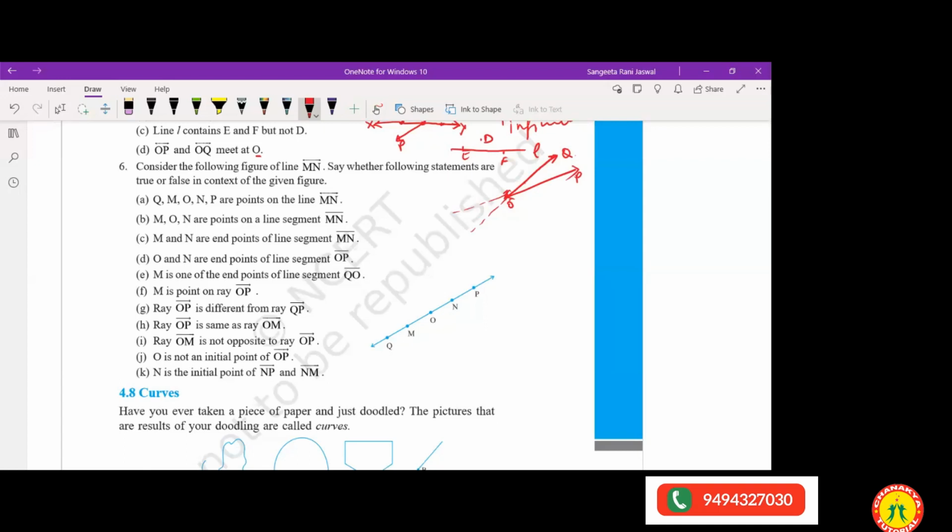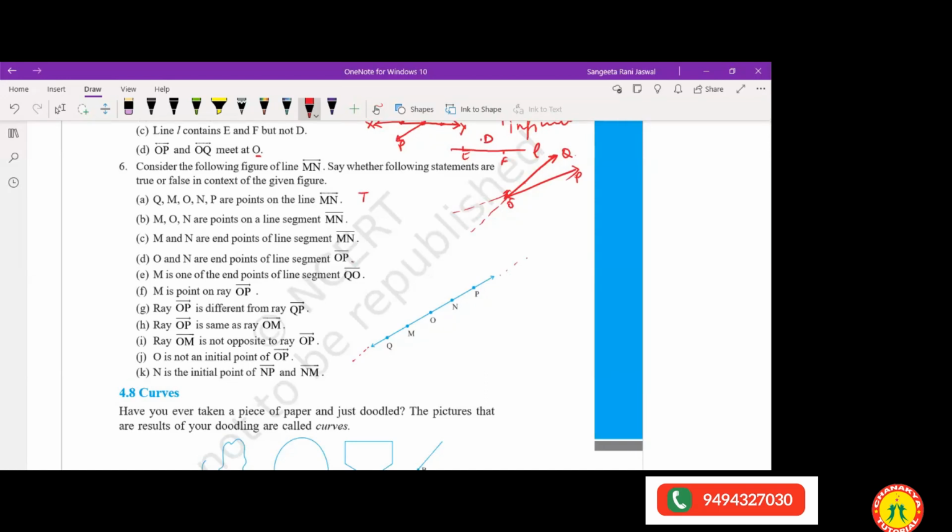Because line M, like, is only M and N, right? See, the symbol there is only M and N. Line MN means it has no end point, no starting point. It is extending on both sides. Okay. So points Q, M, O, N, P, these are all on the line MN.